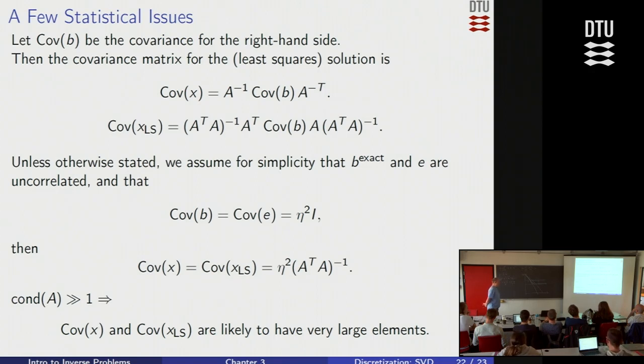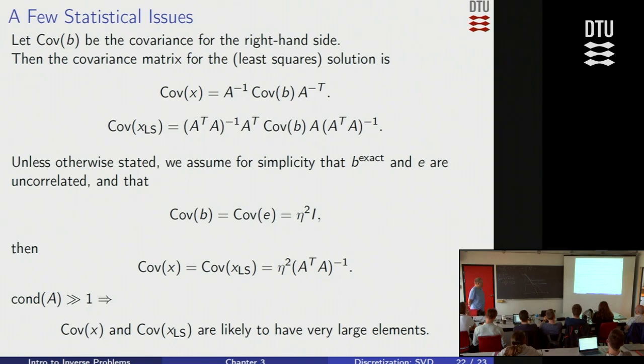In basically all the numerical experiments we're going to do in this course, we'll assume that we have white noise, and that the noise is uncorrelated with the exact solution. So the covariance matrix for B is identical to the covariance matrix for the noise, and we assume that it is a scaled identity.